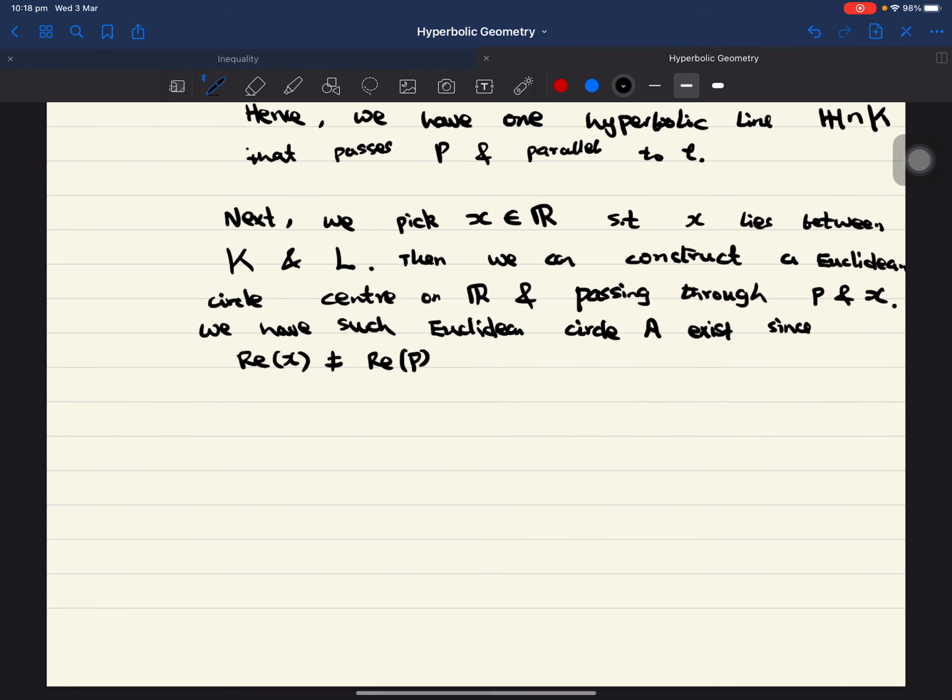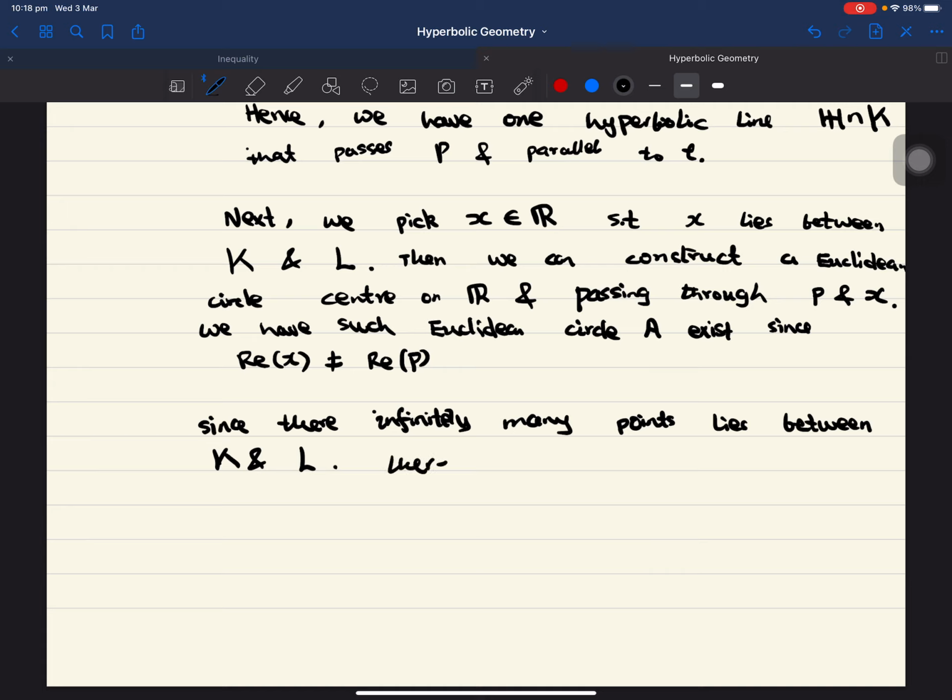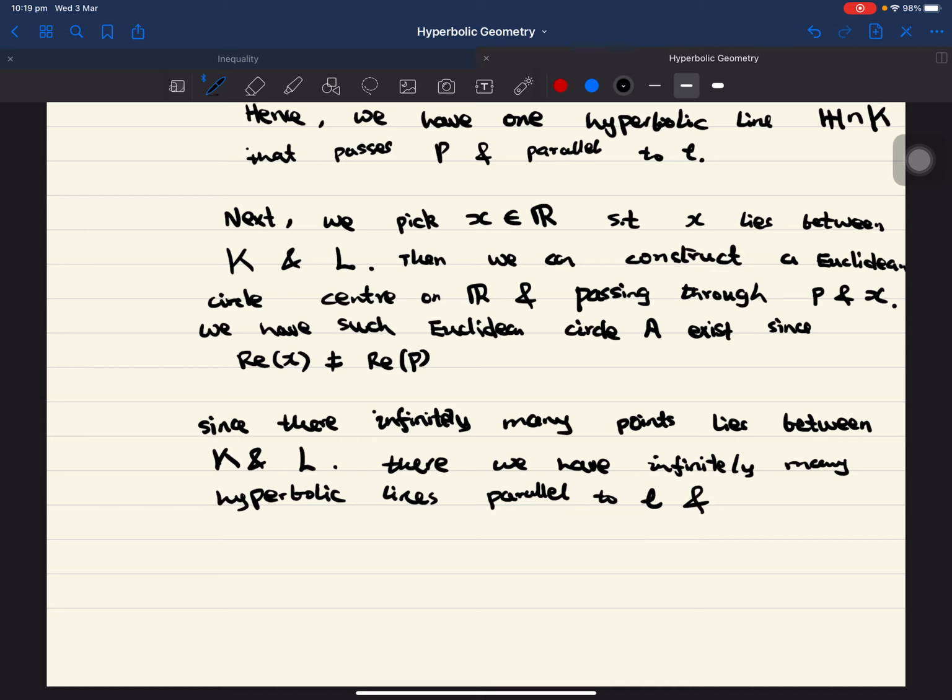And since there are infinitely many points between K and L, we have infinitely many hyperbolic lines parallel to L and passing through P.